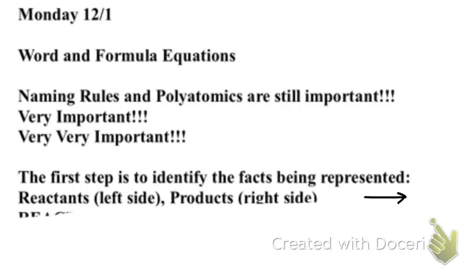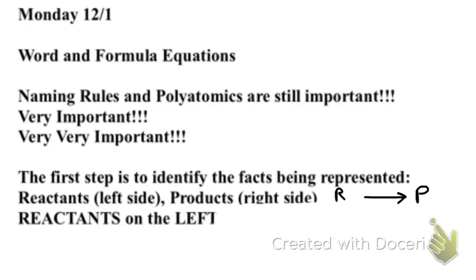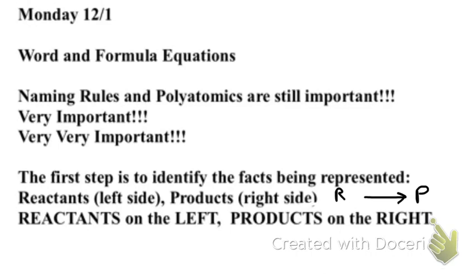So, if it is on this side, it is a reactant. If it is on this side, it is a product. So it all depends on which side of that yield sign. Again, reactants on the left, products on the right. Also very important. Forevermore, reactants will be on the left and products will be on the right.